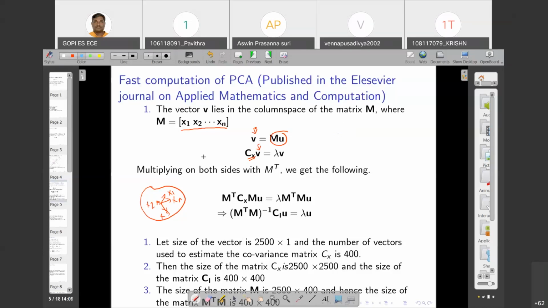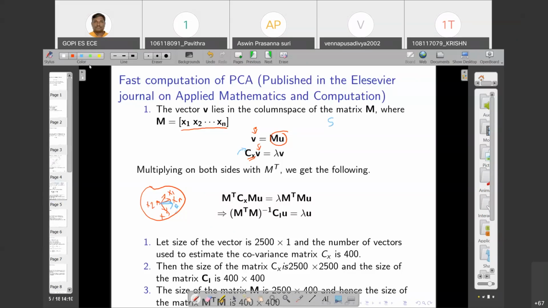The idea is the eigenvector of the matrix Cx, which we compute using the training data only, as an estimate. In pattern recognition terminology, we say that it's a scatter matrix. We discussed all those things earlier, and just for the sake of completion, I'm telling that this eigenvector V of the Cx is also in the same vector space.